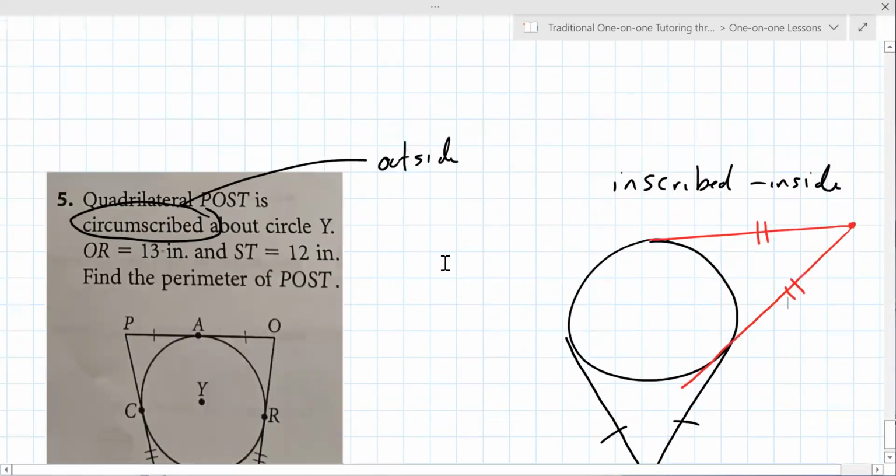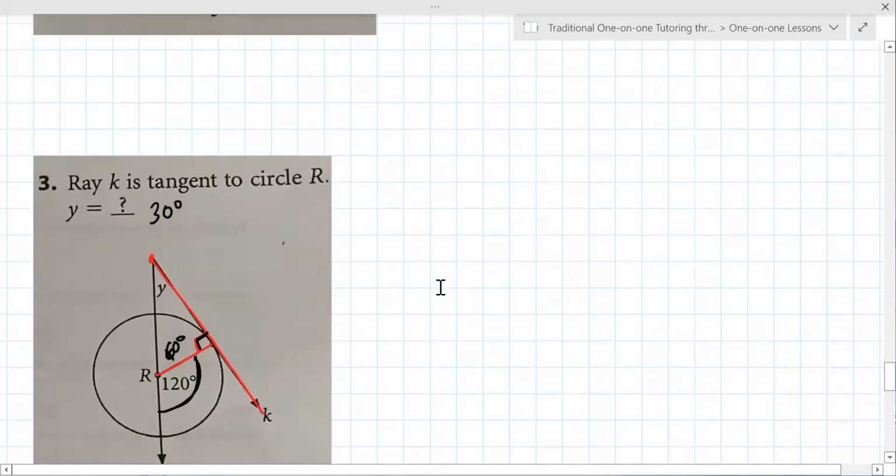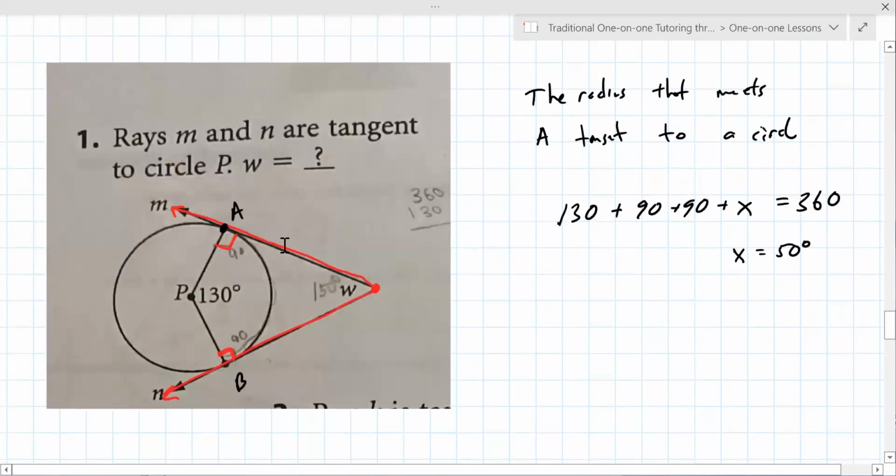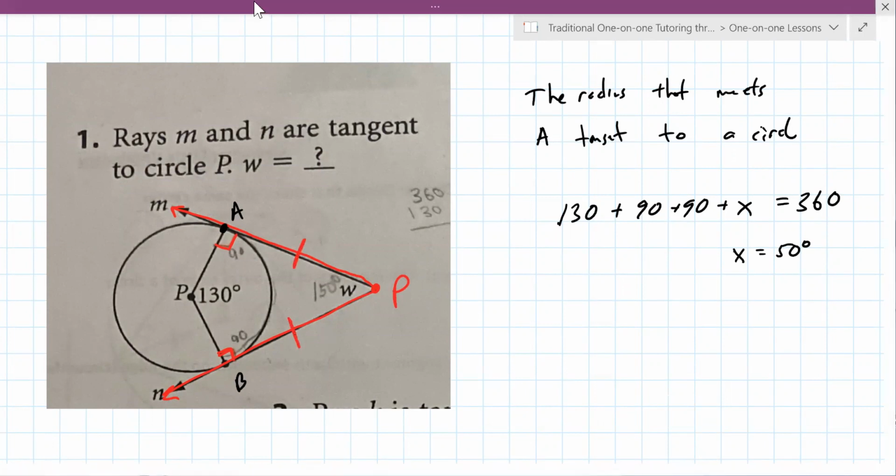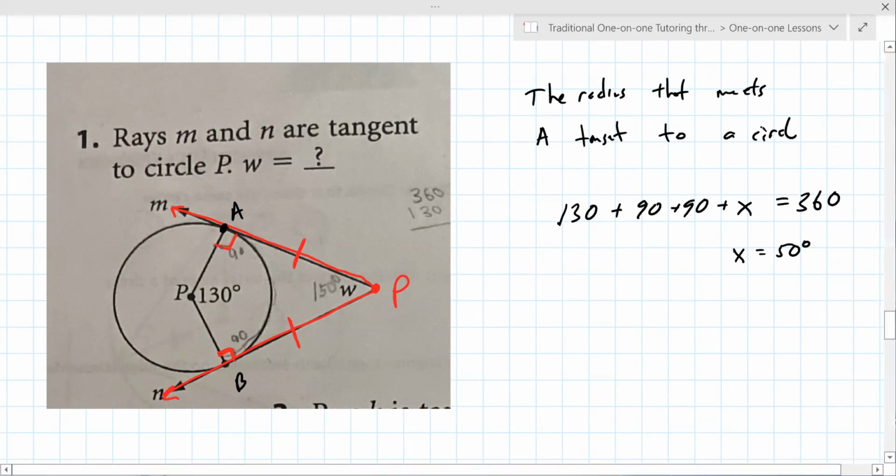Now let's go back and look at another problem we did real quick. See this problem where we started, I'll call this P. P to A is congruent to P to B. Do you see that the radiuses are congruent? Radiuses are always congruent.